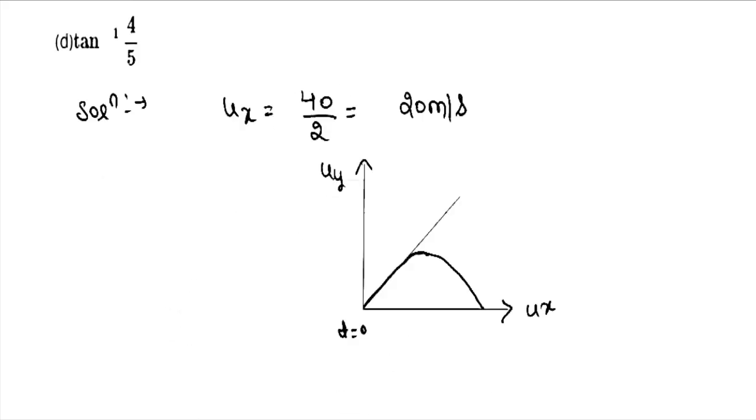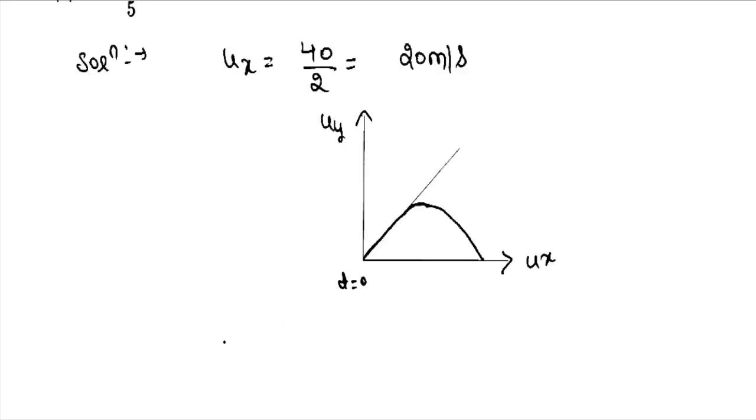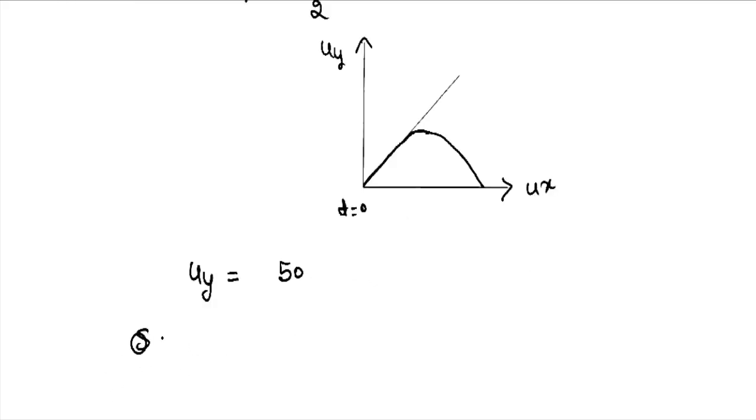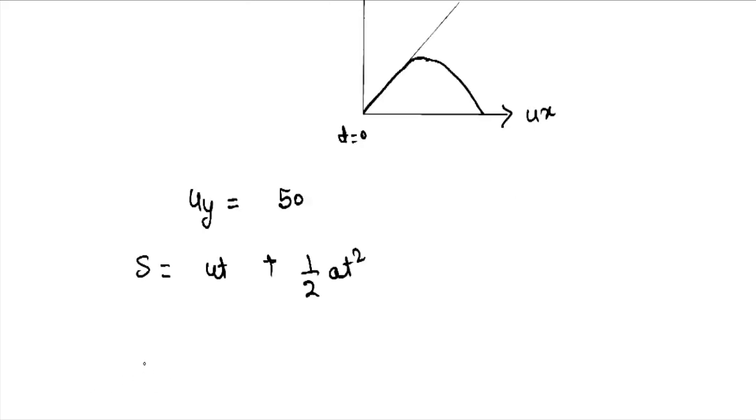From this we can write that the initial vertical velocity is uy. Here the vertical displacement is 50, and we know that s equals ut plus half at square. This is the equation of motion. So from this we have s given to us, and we have to find uy here.